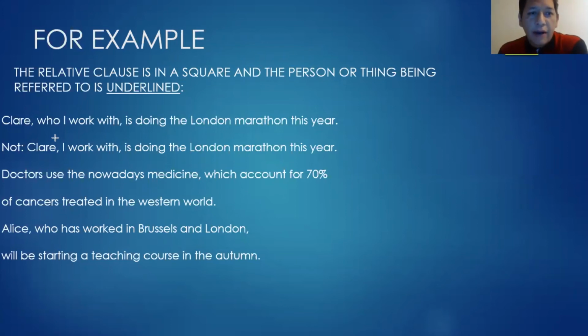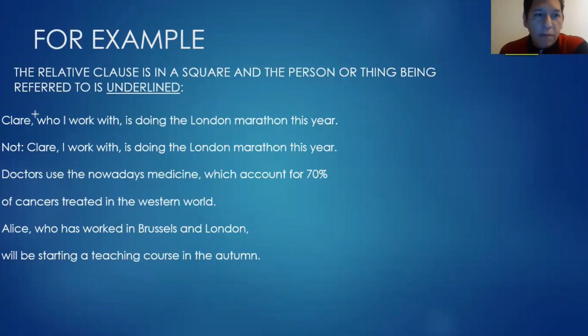Not Claire, I work with, is doing the London Marathon this year, okay? The relative pronoun is in here, and it is something that is necessary. But also, in this case, if you check, we're using a comma. So this one is a difference. In the defining relative clauses, we don't need the comma, but in here we need it.